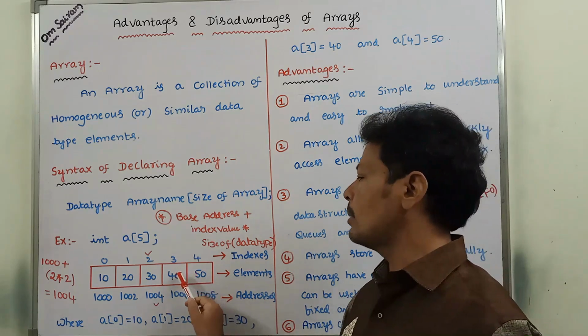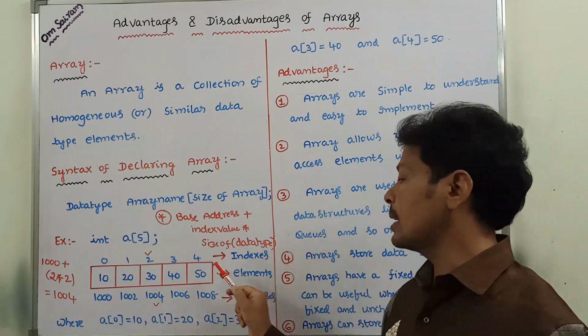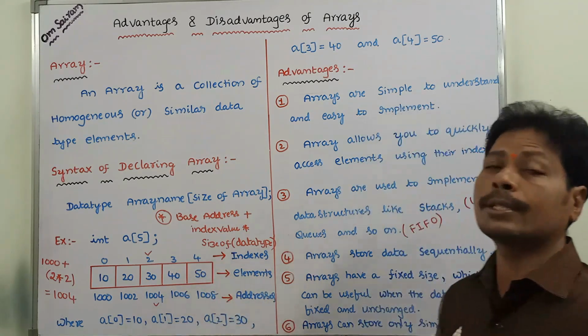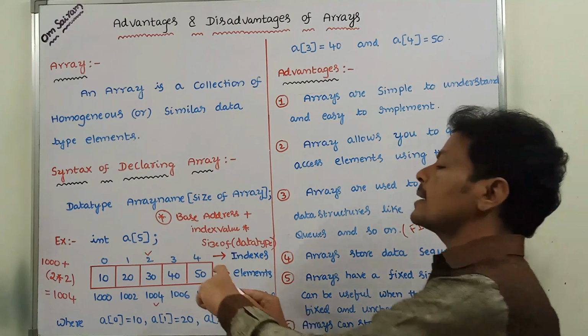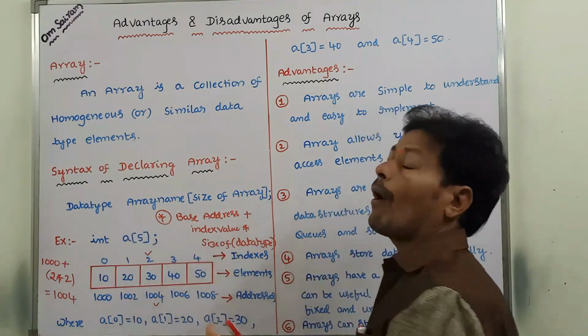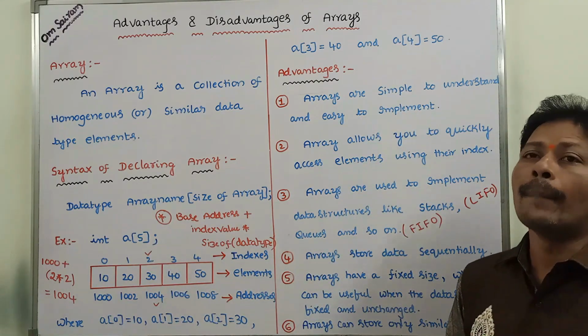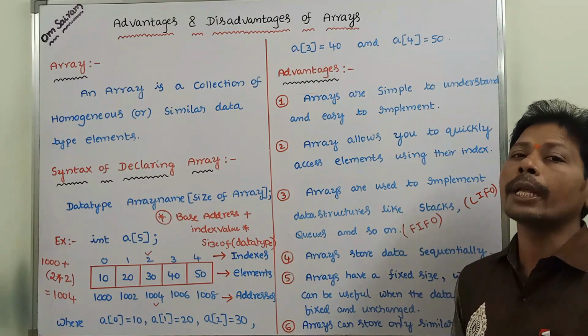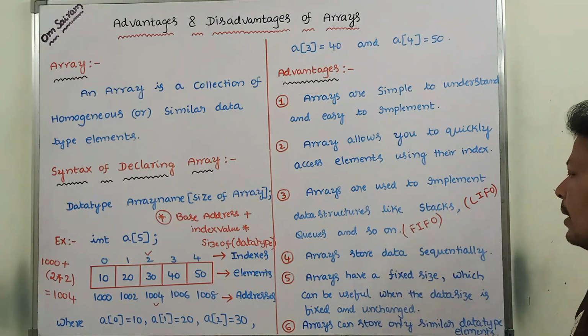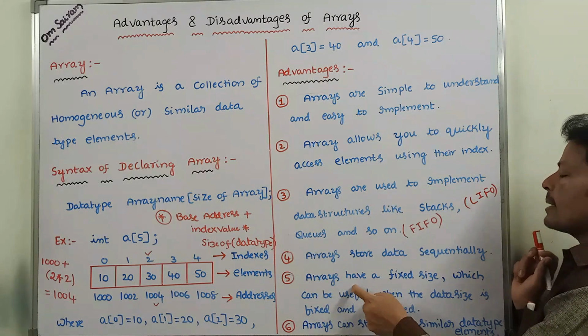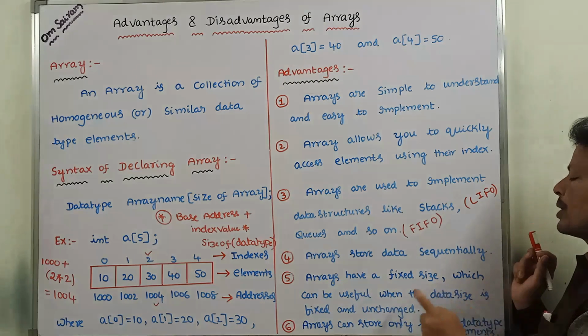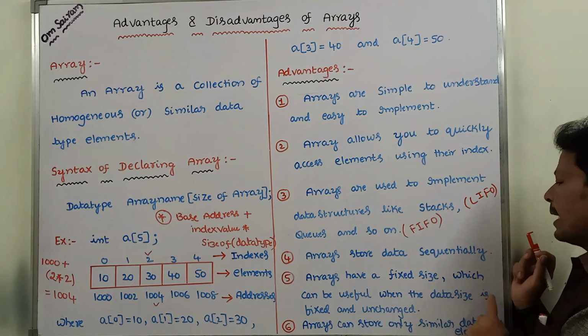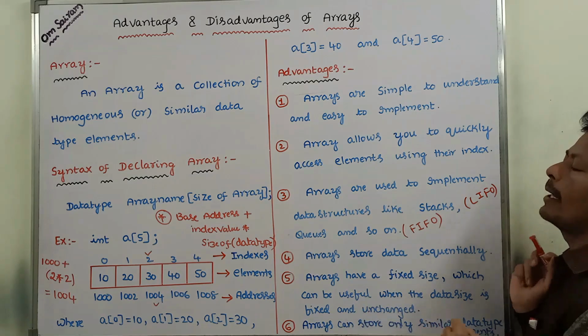Next, 1006. Next, 1008. So in this way, array elements are stored in memory in a sequential or contiguous manner.